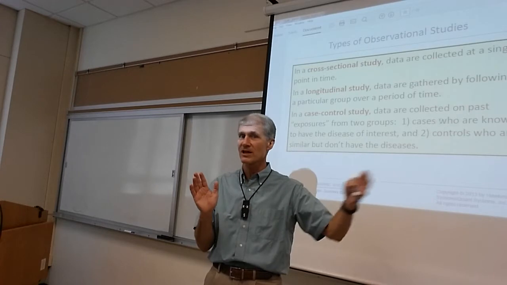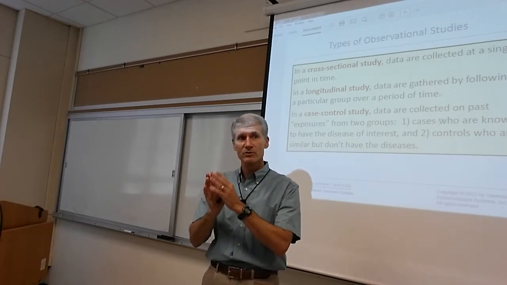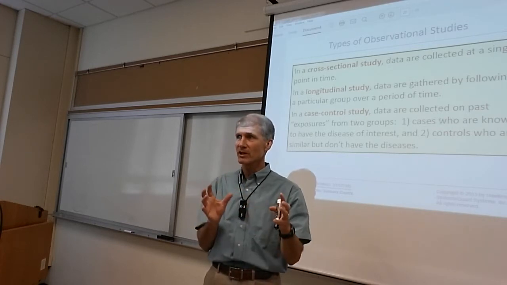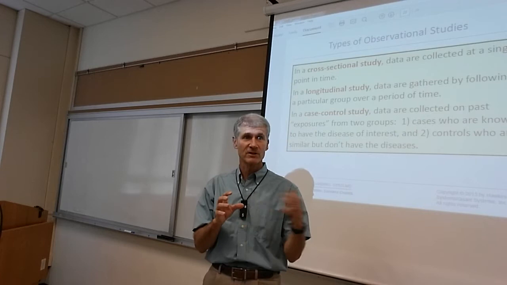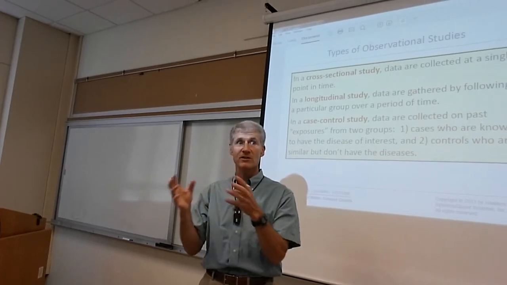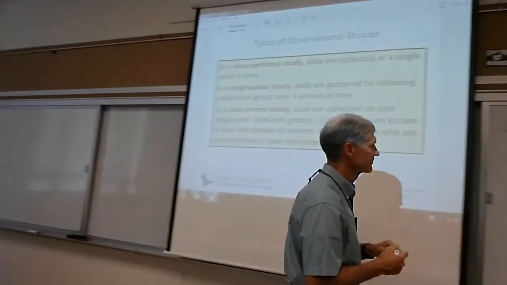You're going to follow them through time. You'll see which ones decide to start smoking, and of those, which ones get lung cancer. So the ones that don't decide to start smoking, you look at the lung cancer rate 50 years from now in that group compared to the lung cancer rate in the group that did start smoking. That's a longitudinal cohort study.